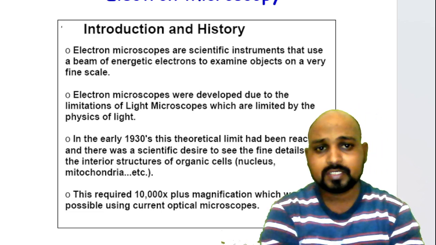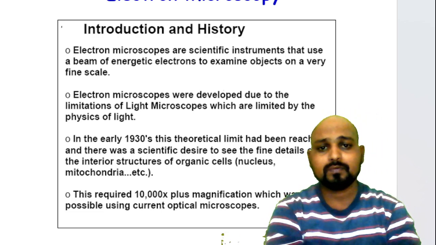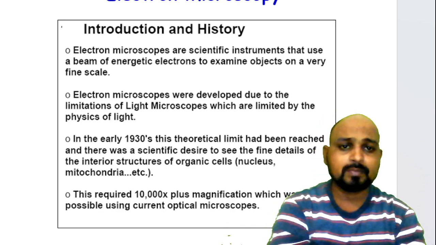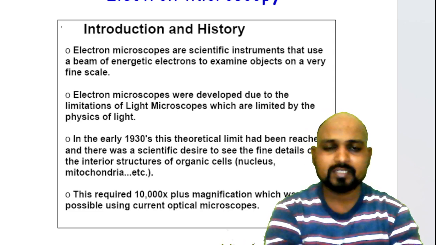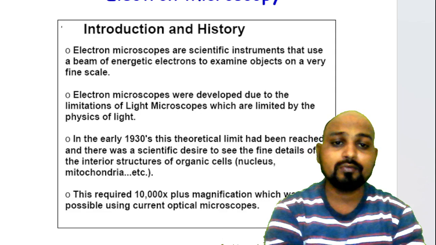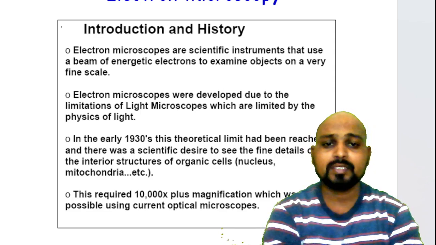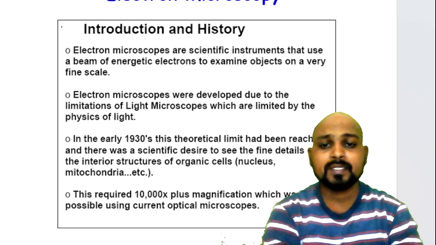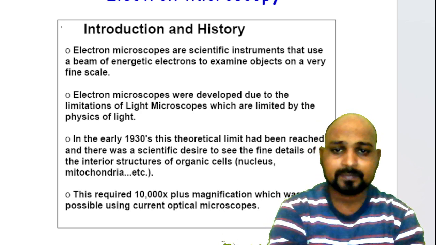Electron microscopes are scientific instruments that use a beam of energetic electrons to examine objects on a very fine scale. Electron microscopes were developed due to the limitation of the light microscope, which is limited by the physics of light.